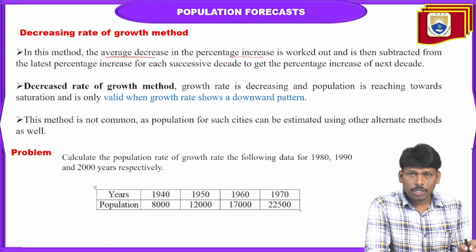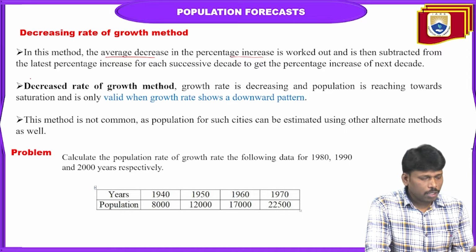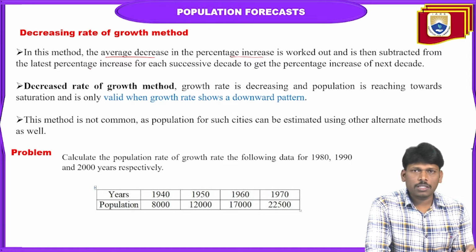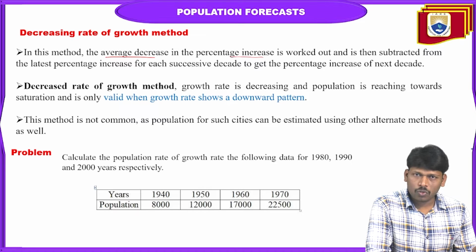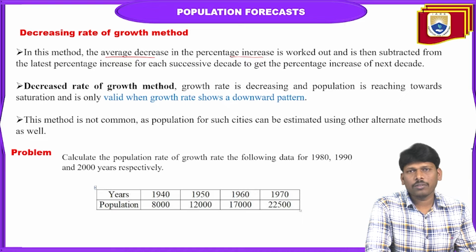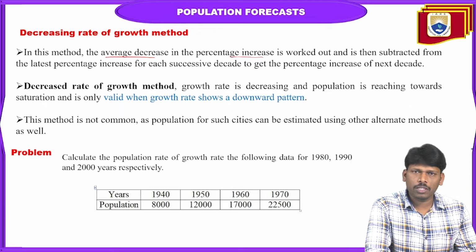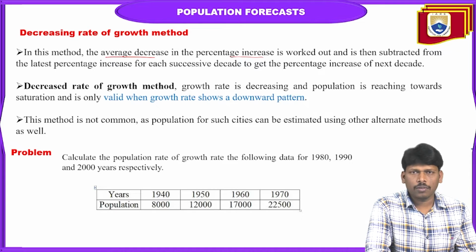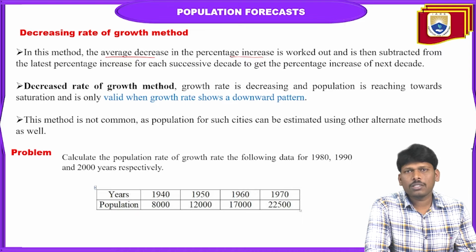Then it has to be subtracted from the latest percentage increase. The latest one is, for example, if you are calculating for 2011, the latest one becomes 2001. Suppose you are doing this population forecasting for 2021, the latest one is 2011.